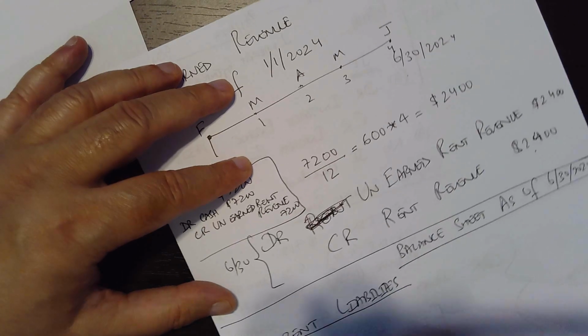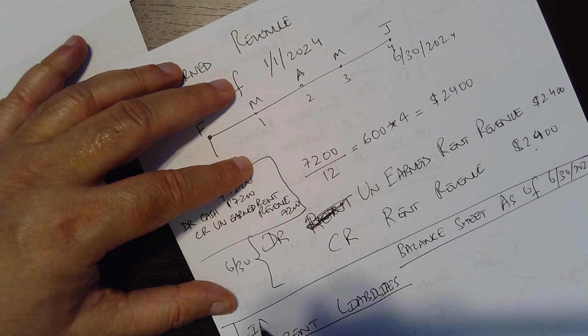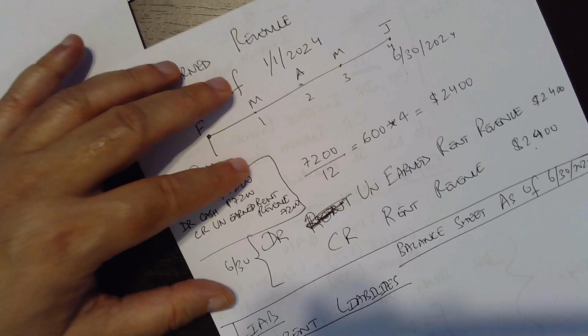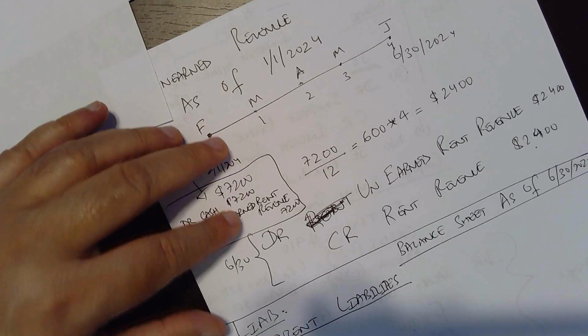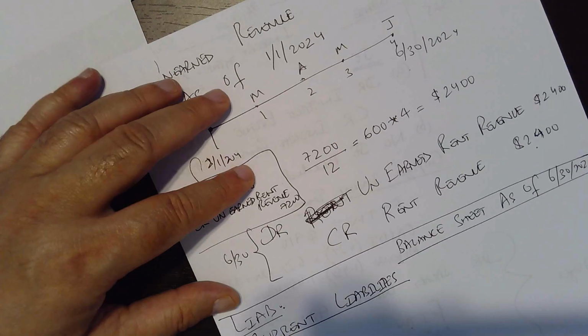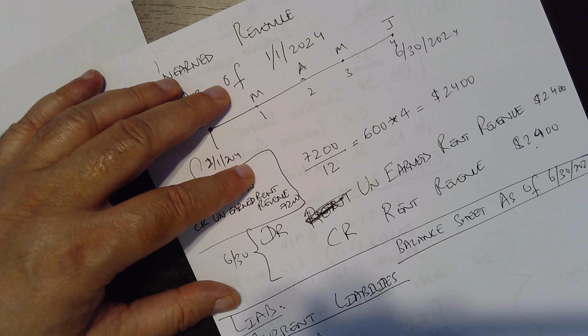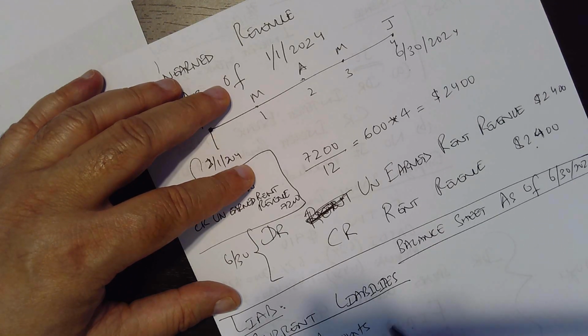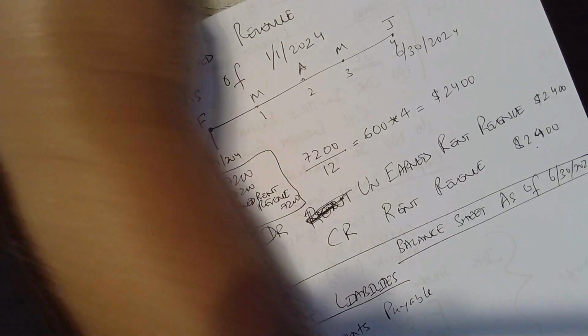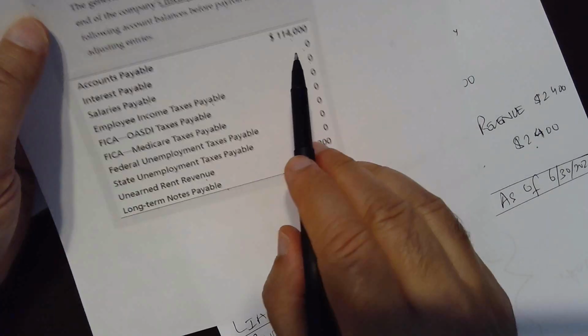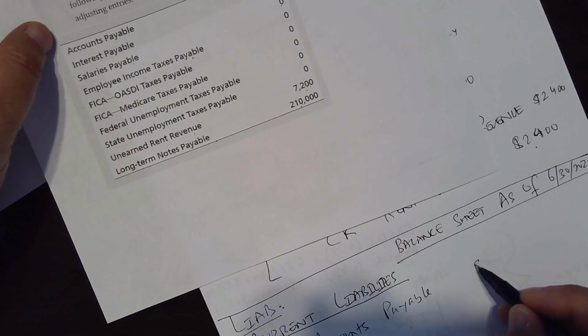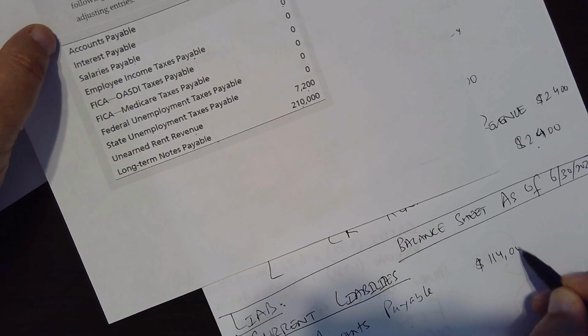2024, and of course there is a big liability, and then the current liability, and then what we're going to have under current liabilities is our accounts payable. And now I'm not creating this, accounts payable was provided to you in the beginning of the question, that is $114,000.